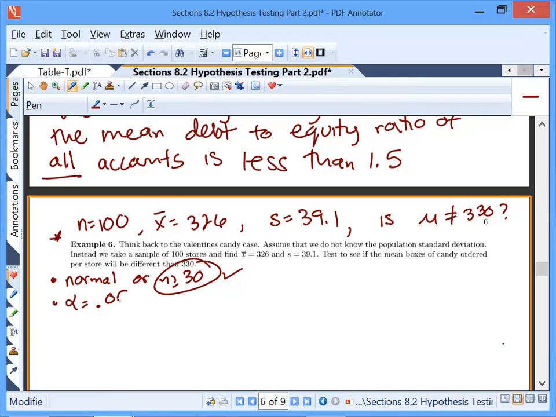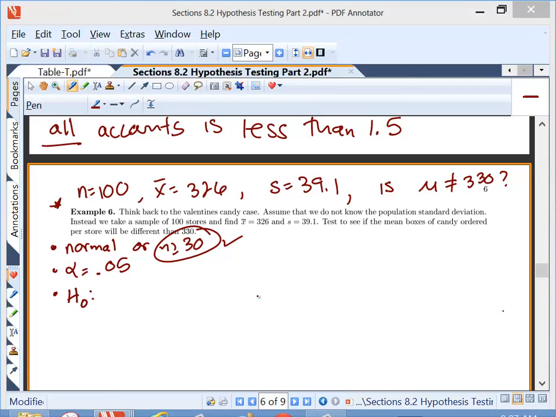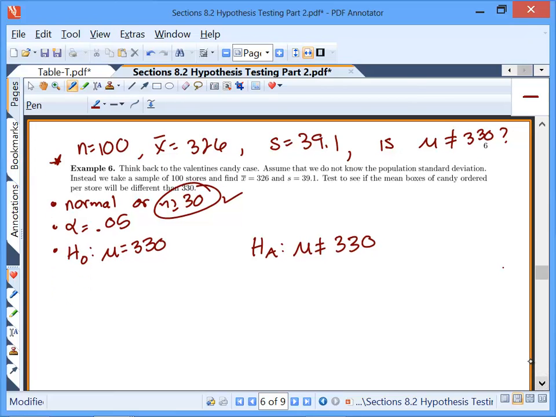No reason to do anything different, let's just go with 0.05. Then I need my null and alternative hypotheses. What I want to know is whether my mean is different from 330. So the null hypothesis would be that my mean equals 330.